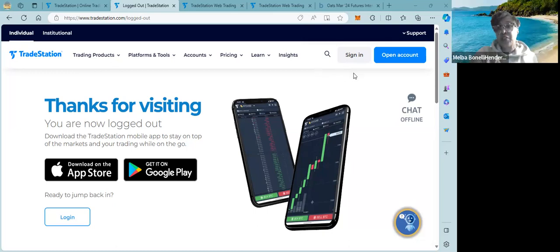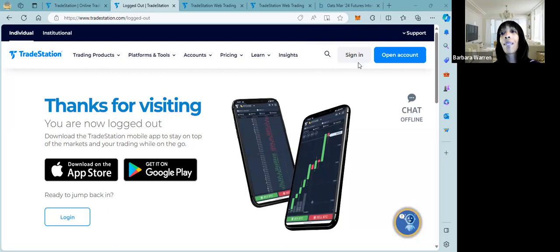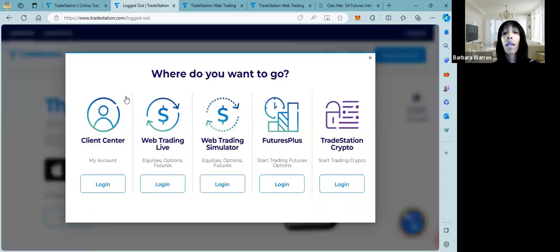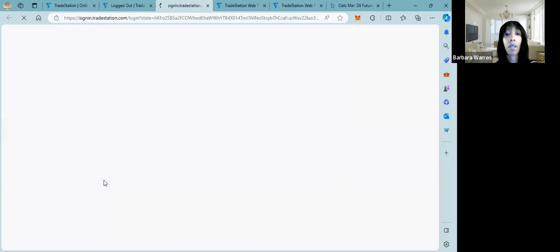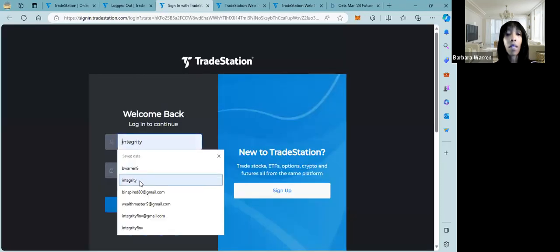It's very clear. So what I'm going to do is sign into TradeStation, and go to Client Center, My Account. And I'm going to get myself logged in.